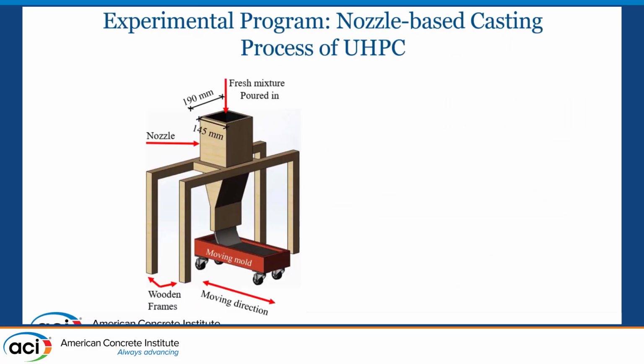Okay, so I will start with the experimental program that my colleague Shadi Goma did when he was doing his PhD at RPI. He developed a nozzle like this, with a moving mold to create a fiber orientation. So it's a layered deposition of UHPC to cast a slab sample.